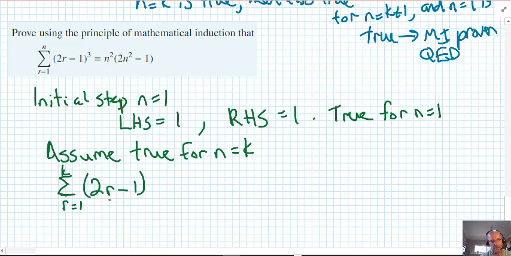Notice how I'm not subbing in k there for the r. The r stays as r on the left hand side, but on the right hand side for n, we're subbing in k now. See that? As I said earlier, don't get your r's and your n's and your k's mixed up.